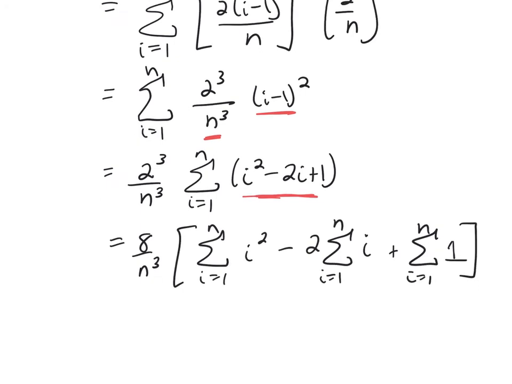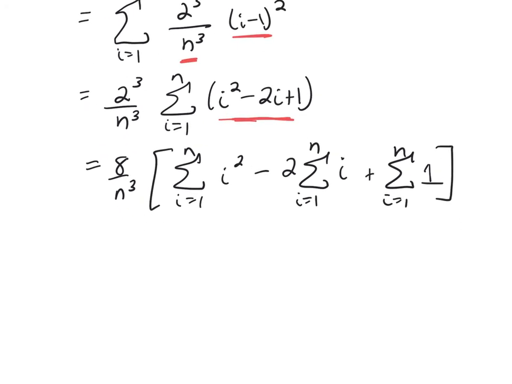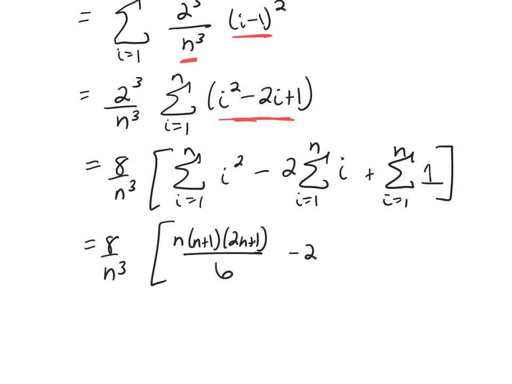And now we're going to use our formulas for these three things. So the formula for the first sum, i squared, it's n plus 1 times 2n plus 1 over 6, minus 2. Now our formula for i is n plus 1 over 2. And then our formula for 1 here, it's 1 times n, or just n.